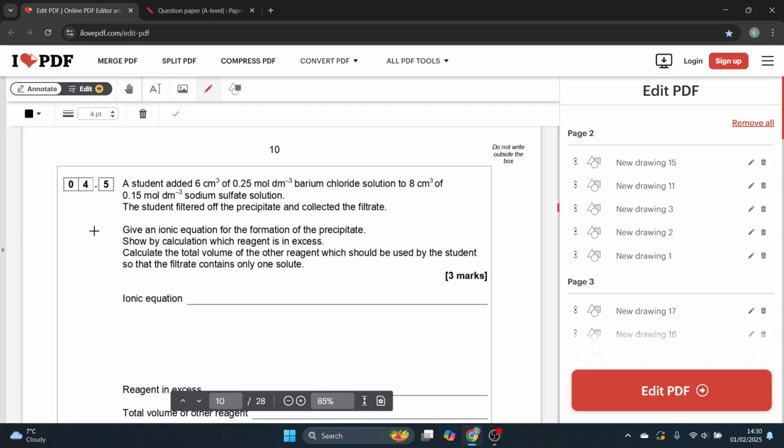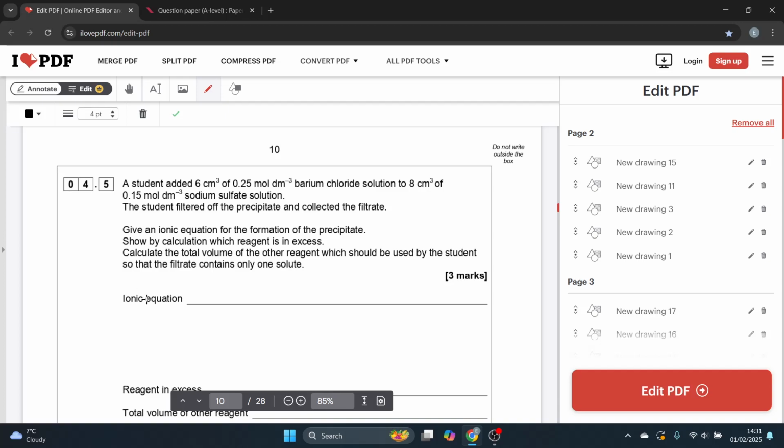Question 4.5. A student added 6 cm cubed of barium chloride solution to 8 cm cubed of sodium sulfate solution. Give the ionic equation for the formation of the precipitate. So barium chloride and sodium sulfate, Na2SO4. The precipitate is going to be barium sulfate.